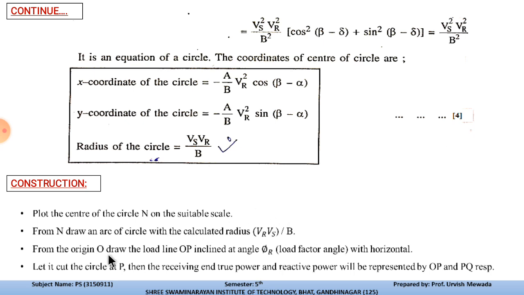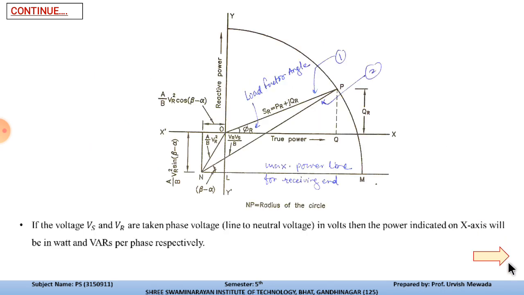So from the origin O, draw the load line OP. Over here you can see in this diagram that OP is the load line. This is the line, and this is the center, and we are taking this N as the center, and we join NP.